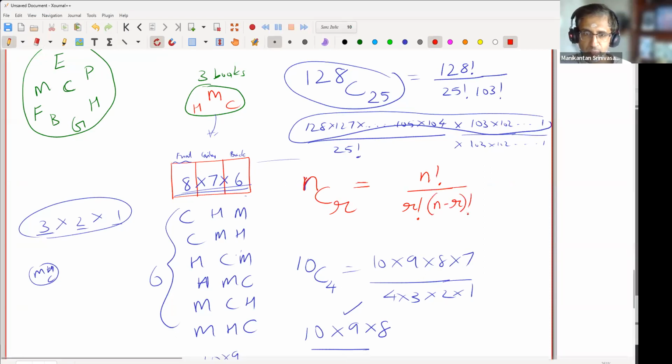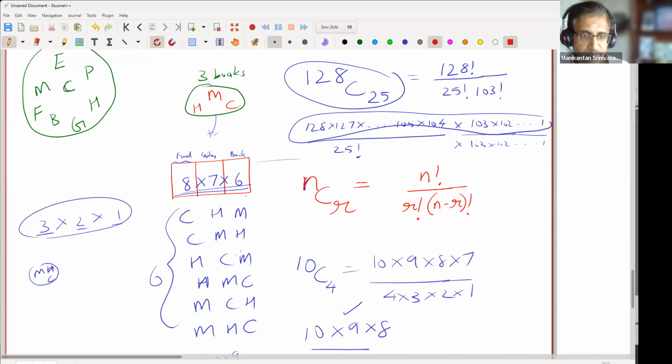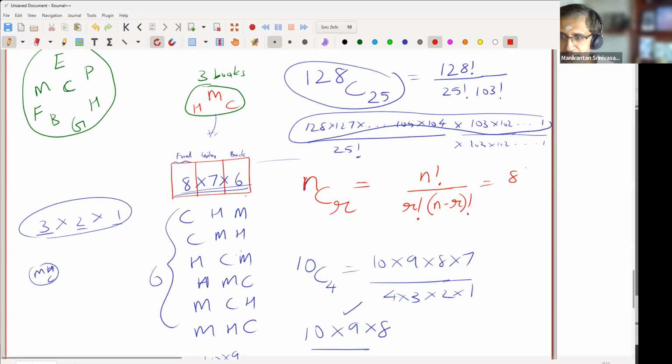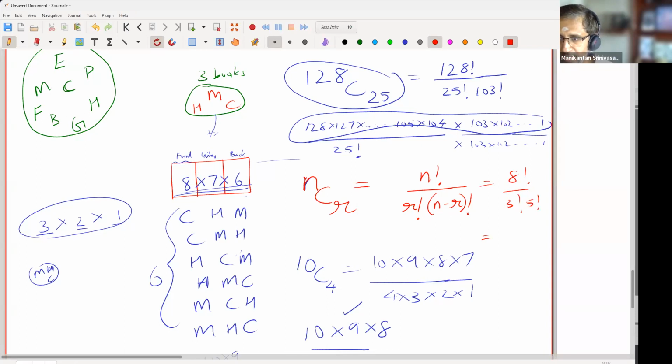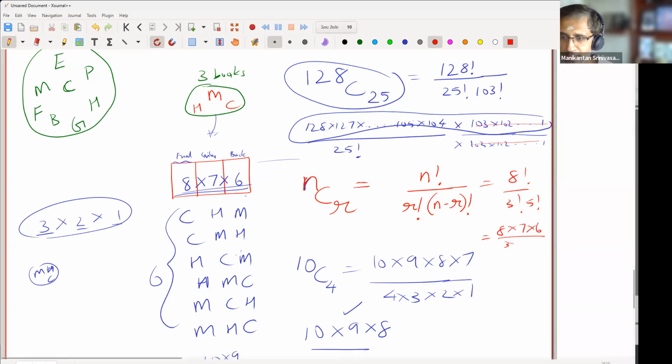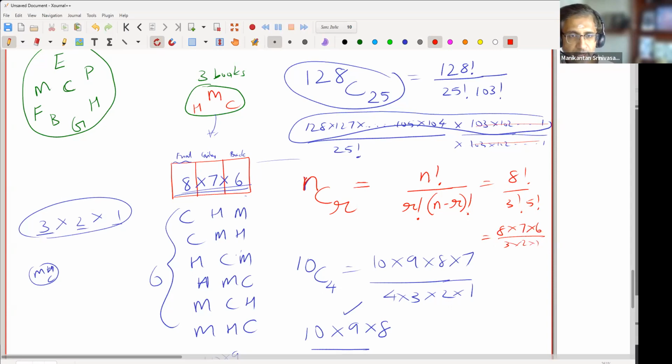Akshay, this is clear now, why we're getting the formula. Yes. In the first example, he said 8 factorial upon 3 factorial into 5 factorial. Of course, 5 factorial was equivalent to this big one, right? This entire 103 factorial is like your 5 factorial. So he was only worried about the main numbers, 876 upon 321. Does it make sense?